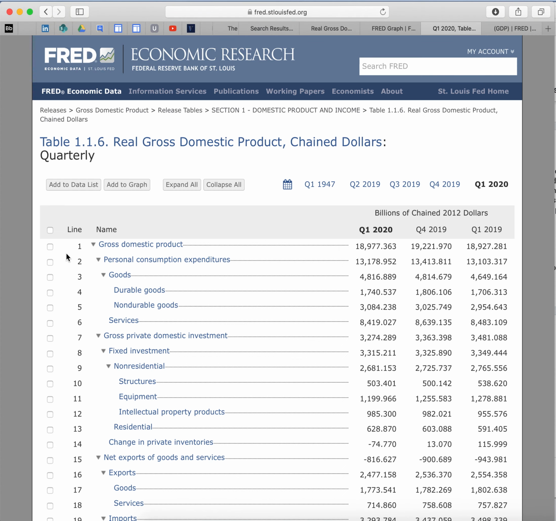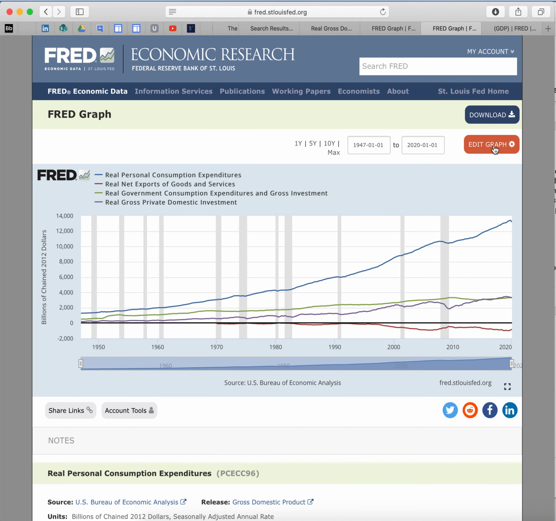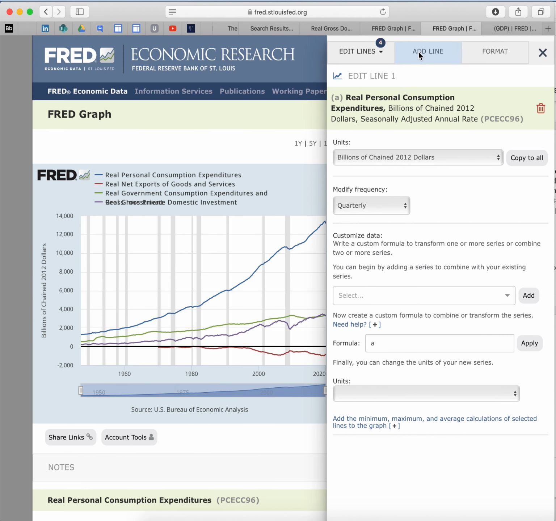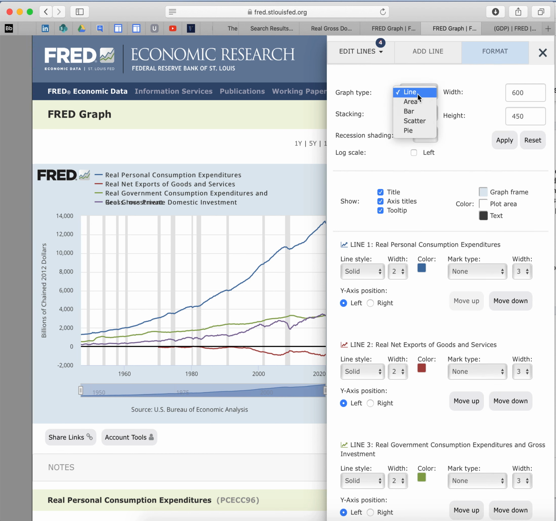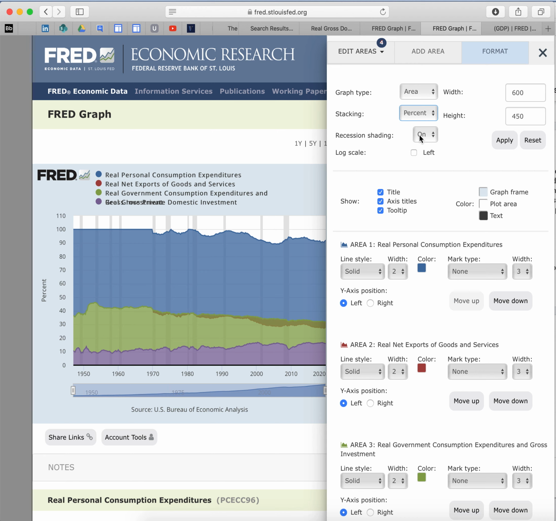The nice thing is if you make a mistake, it's really easy to go back. I didn't really make a mistake. I just want to make sure of net exports of goods and services. There we go. And then go back to the stacking component: format, line, area, stacking percent. And a little bit better.